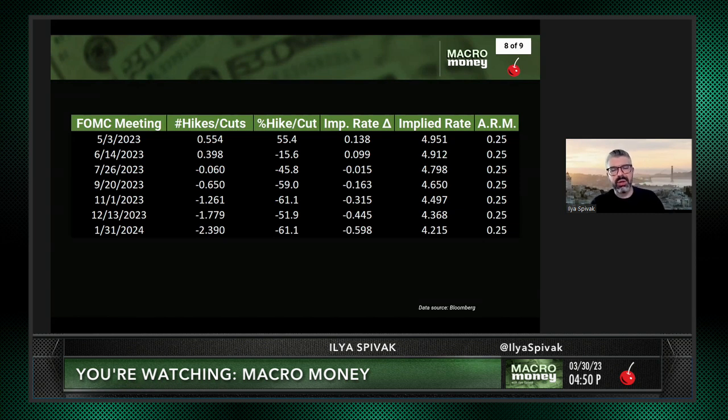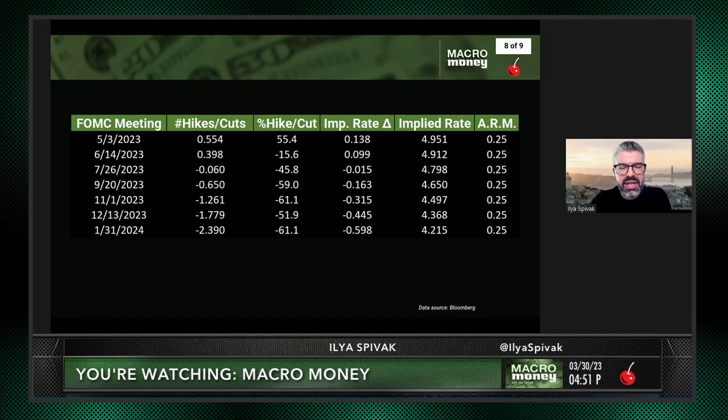This is what we're looking at for the current setup, just to give you the full lay of the land here. And we'll look at the implications for overall assets in just a moment. So you can see for May, you are looking at a 55% chance of another hike. Looking at the number of hikes and cuts column, and the percent hike cut column, you're basically getting the same exact story.